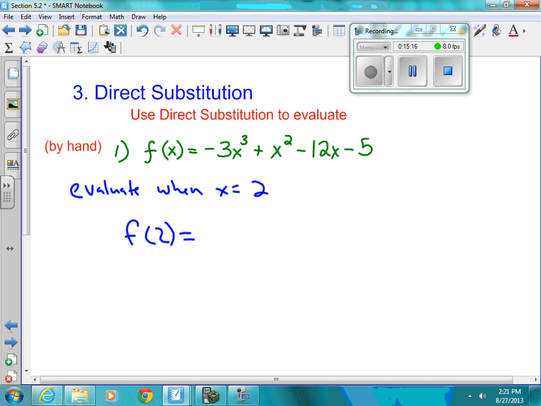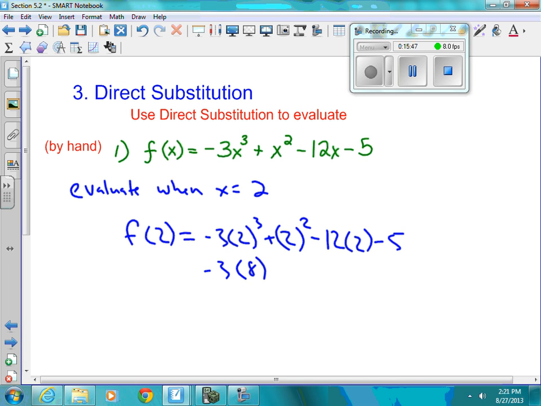It's saying I'm plugging 2 in for x. So I'm going to put it in parentheses. If I'm doing it by hand, I'm doing order of operations, so I say, please excuse my dear Aunt Sally. The parentheses are 2 and 2, the only things inside. But I do have exponents. So 2 to the third power is 2 times 2 times 2, which is 8.